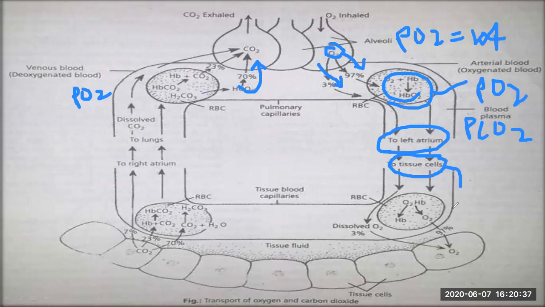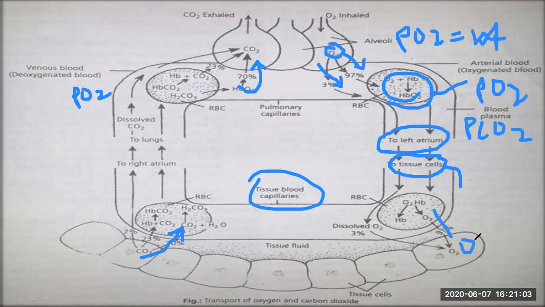Now when it reaches the tissues, we know very well that tissues also produce CO2. Gaseous exchange takes place, and in this way the transport of gas takes place. Tissues perform aerobic respiration, so there is a need for oxygen molecules.